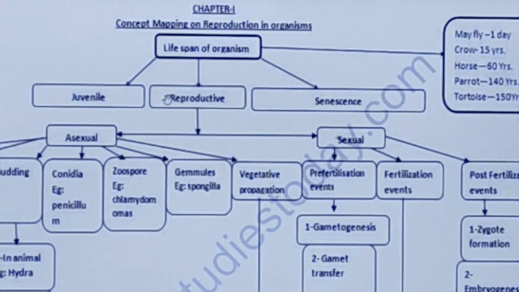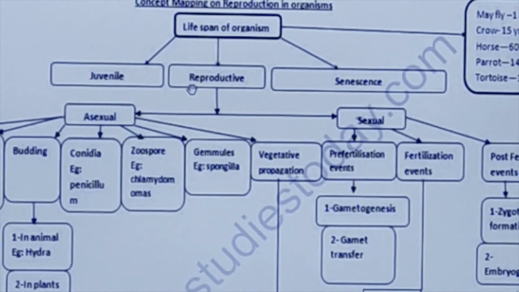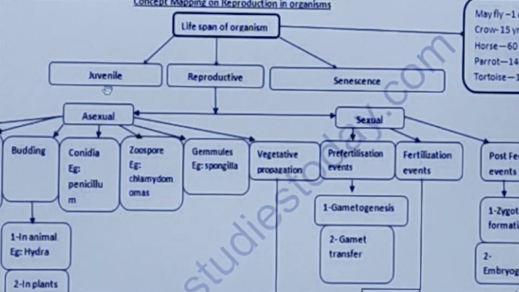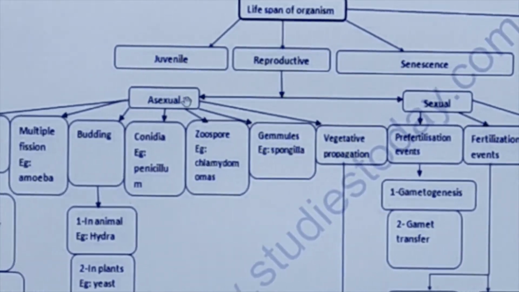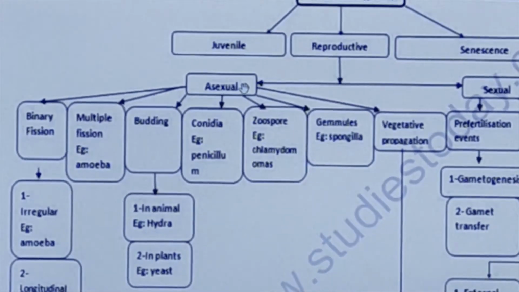Now next topic here, what is it? Reproduction, as the chapter name says. Reproduction is divided into two, as we already saw, asexual and sexual. So here the question can be asked, difference between sexual and asexual reproduction, or the definition of it. Or advantages or disadvantages can be asked.